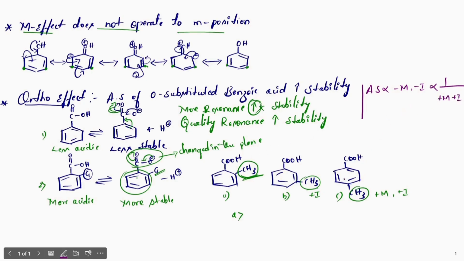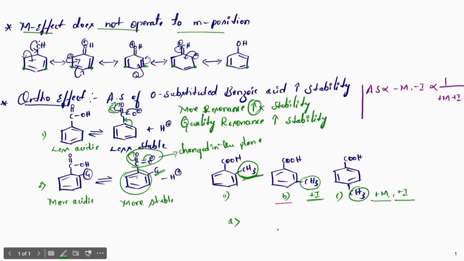So based on this, here both positive inductive effect and positive mesomeric effect are operating, and here only positive inductive effect is operated. So we know that here A is more stable because of the ortho effect.